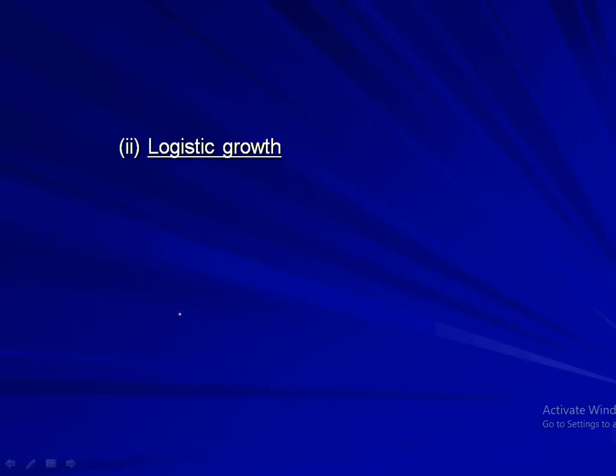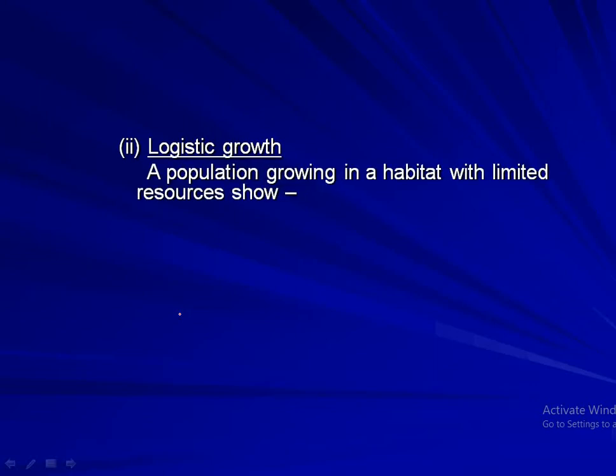There are limited resources, but a lot of organisms to survive. So there exists a competition between various organisms for their survival. And as we all know, the fittest survive. So when we talk of limited resources, there can be no exponential growth.